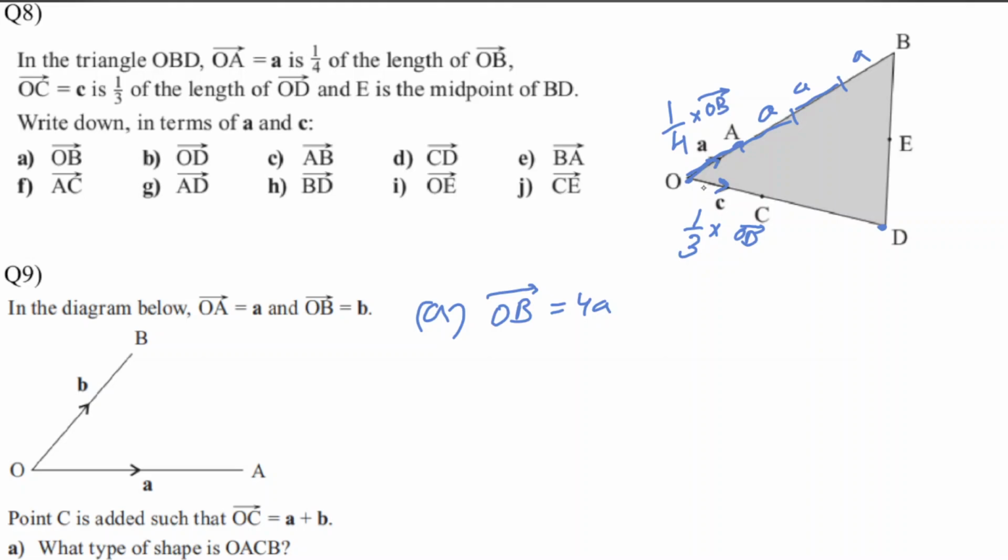We got OD as 3C. One part has the value C, so the other 2 parts will have 2C. Together, OD has 3 C's, right?